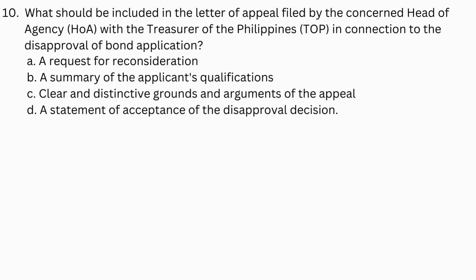Number 10. What should be included in the letter of appeal filed by the concerned head of agency with the Treasurer of the Philippines in connection to the disapproval of bond application? A. A request for reconsideration. B. A summary of the applicant's qualifications. C. Clear and distinctive grounds and arguments of the appeal. D. A statement of acceptance of the disapproval decision.